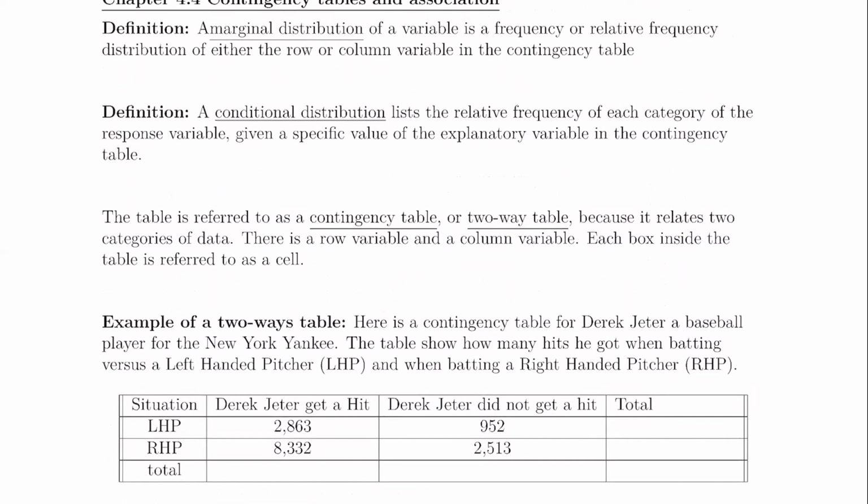So when we have a two-way table or a contingency table, it means that we have a table and we have two categories, category A and category B. So you're always going to have a category for your column and a category for your rows.